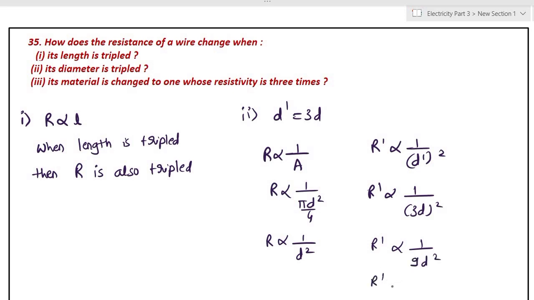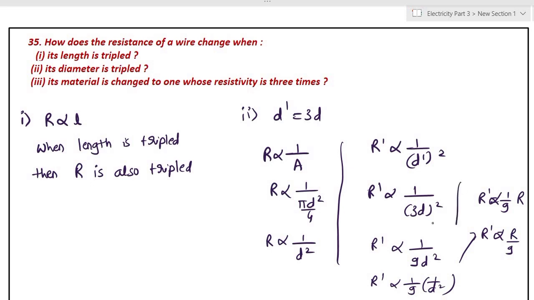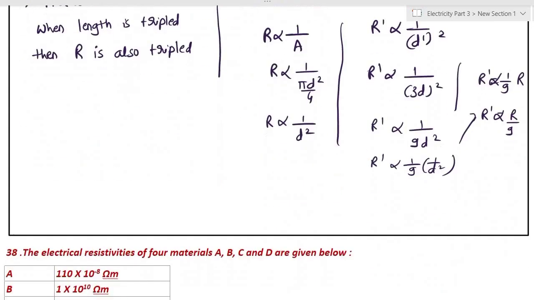Therefore, R dash can be written as 1 upon 9 into 1 upon D square, so the new resistance is proportional to the original resistance divided by 9. We have to remember that when the diameter is tripled, we take the square of that in the denominator of the original resistance.